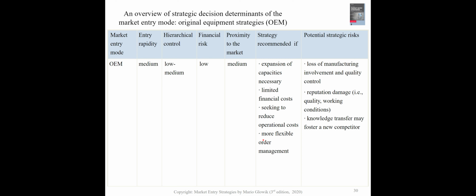It also provides more flexibility in the order management, because if, for example, the sales is increasing of our product, then hopefully we can increase our order volume to our contract partner. There is no need to feed our own production lines.